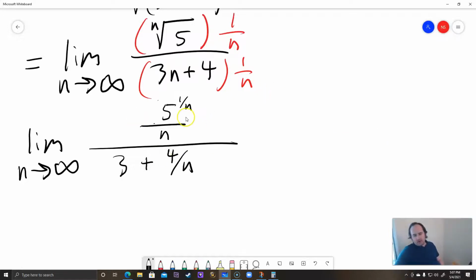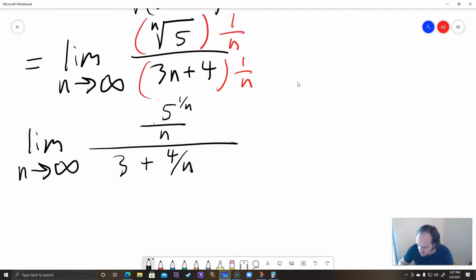And 5 to the 1 over n actually grows a lot more slowly than the n in the denominator. So the 5 to the 1 over n is actually going to 0, because 5 to the 1 over n grows very slowly, but n grows much quicker.